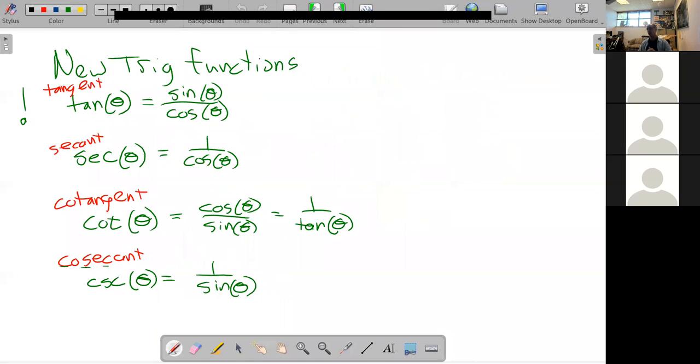All right, new trig function. So I'm going to define them in just one more way, with relationship to a circle. So if we know sine and cosine, then we know what the tangent should be, the secant should be, the cosecant should be, and the cotangent should be.